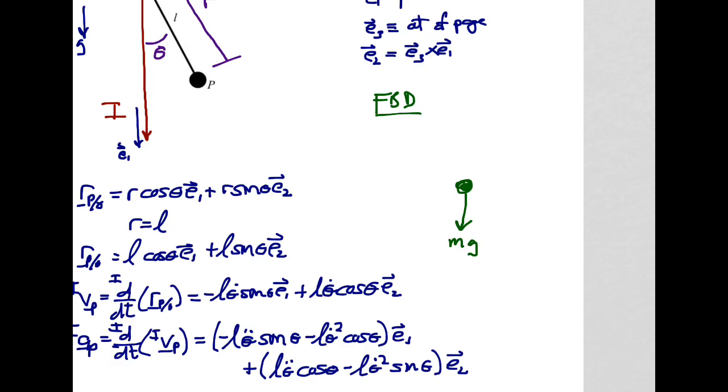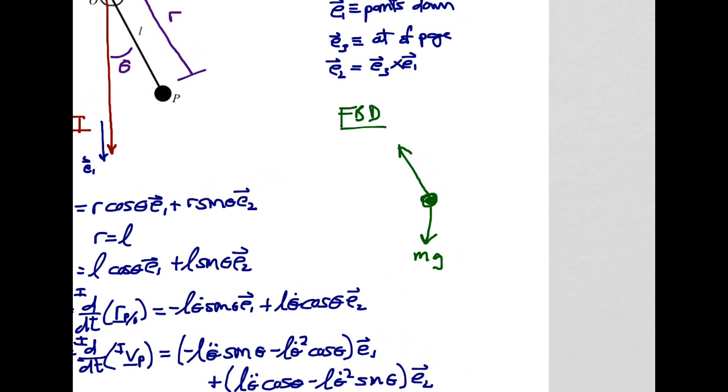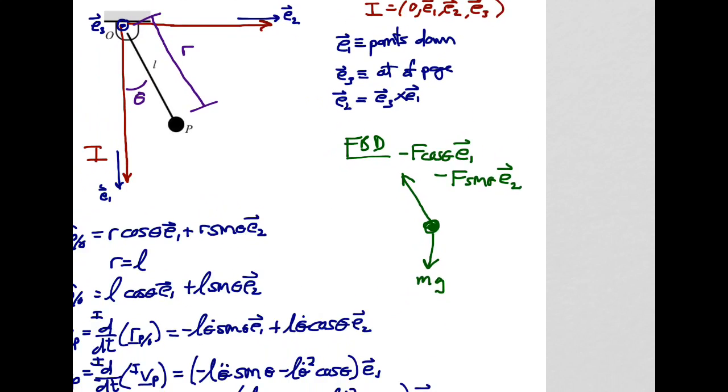And then we have our constraint force, F. We can break this into components, where our constraint force is negative F cosine theta in the E1 direction, because it's pointing up and E1 is pointing down, minus F sine theta in the E2 direction, because as we've drawn this, it's pointing to the left and E2 is pointing to the right.